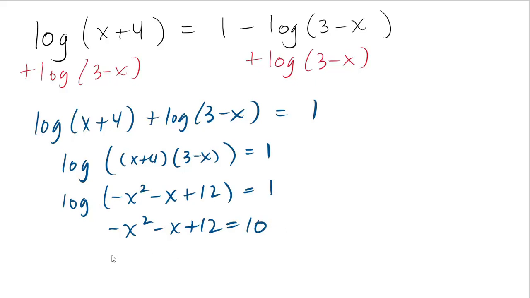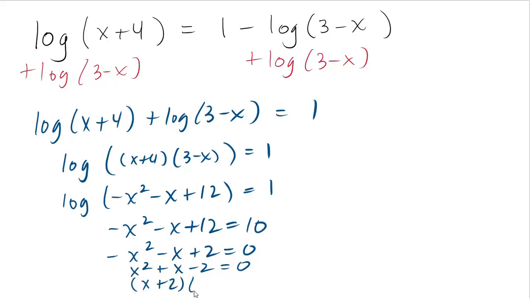I would subtract 10 from both sides to get negative x squared minus x plus 2 equals 0. And then I'm personally more comfortable with a positive leading coefficient, so I would divide every term by negative 1. Gives me x squared plus x minus 2 equals 0. This factors to x plus 2, x minus 1. And so we get two proposed solutions, x equals negative 2 or x equals 1.